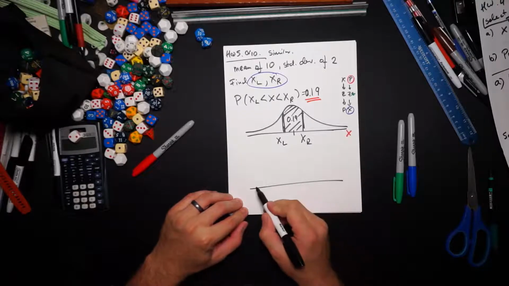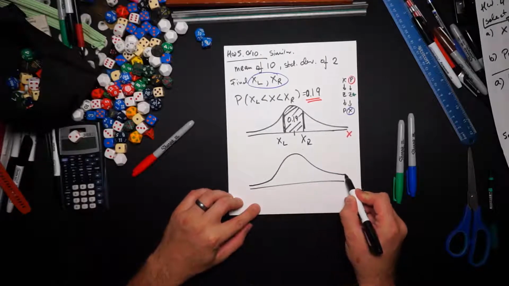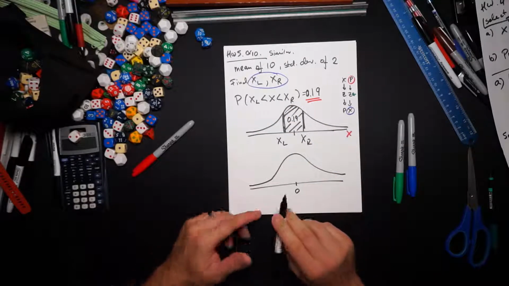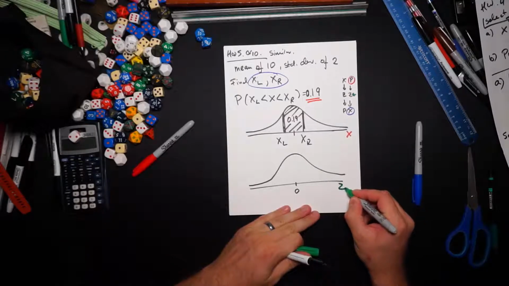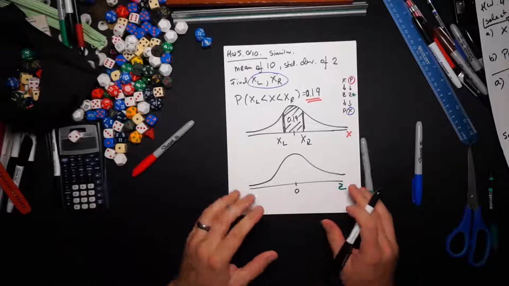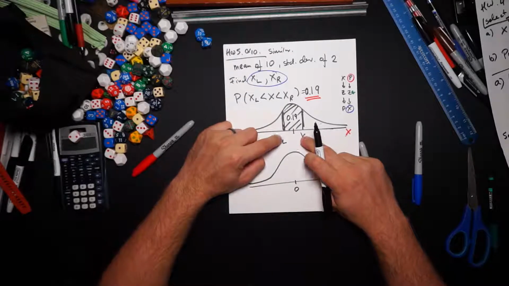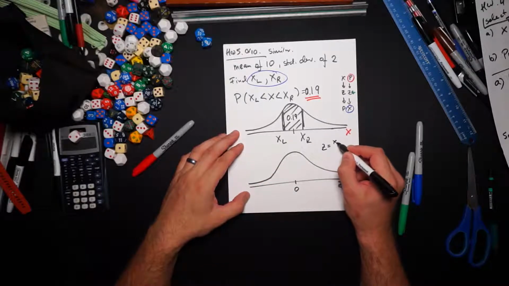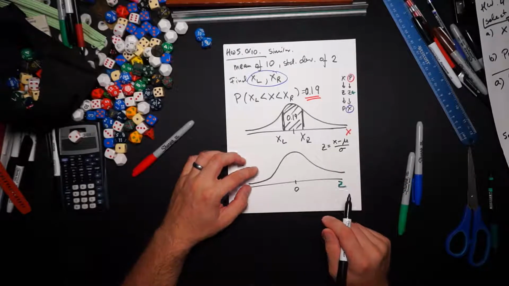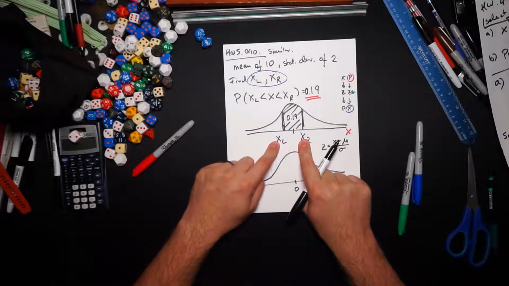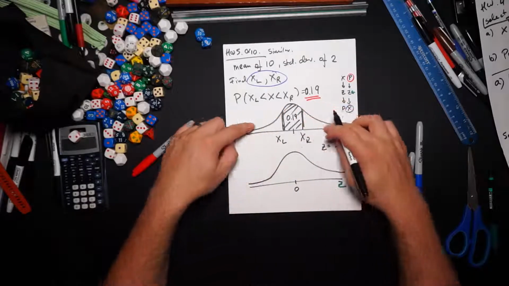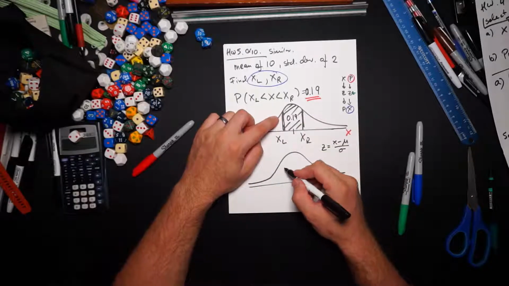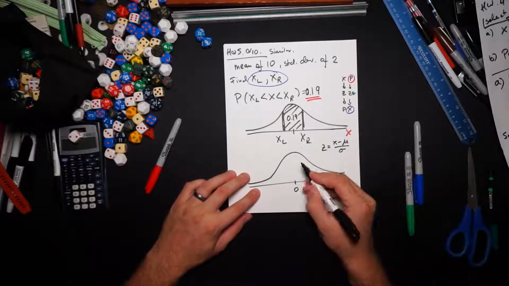So let's force this normal distribution to a standard normal distribution, and this is z. Now again, these things will move, but the shape or profile of this curve is going to stay, and this probability is still going to be somewhere here in the middle.